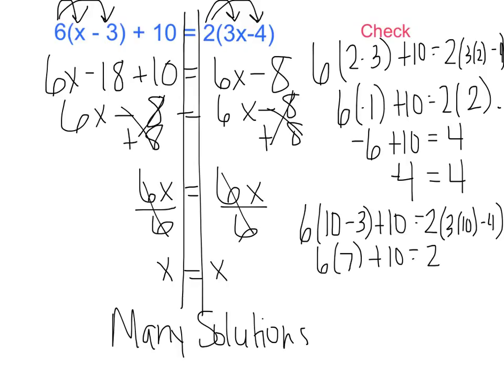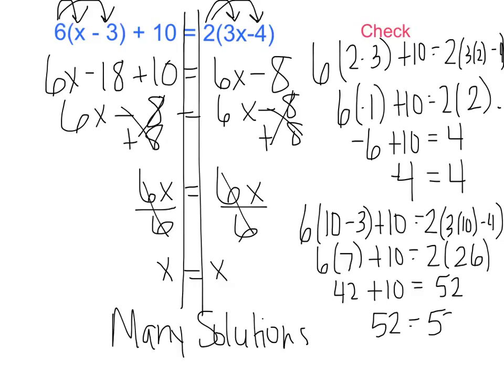And then I'm going to do what's inside the parentheses. 3 times 10 is 30, minus 4 is 26. 6 times 7 is 42. 2 times 26 is 52. And then 42 plus 10 is 52.